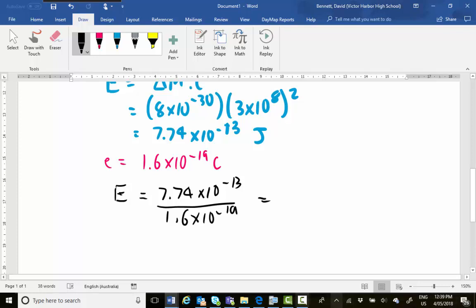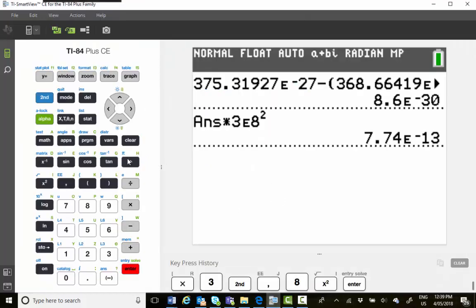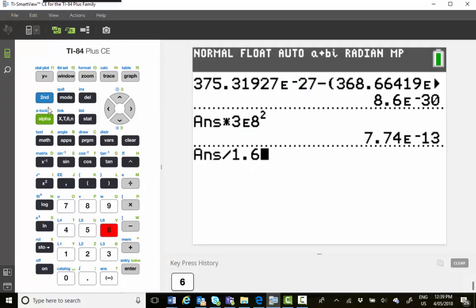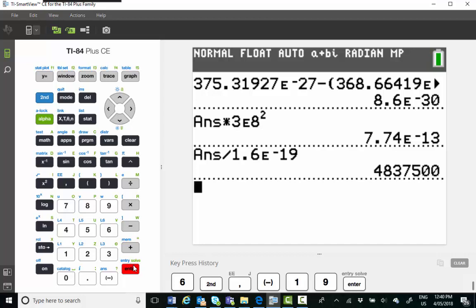So let's do that on our calculator. Divide that by 1.6 EE to the minus 19. And that's going to give me 4,837,500. Okay, so that's my answer in terms of the number of electron volts.